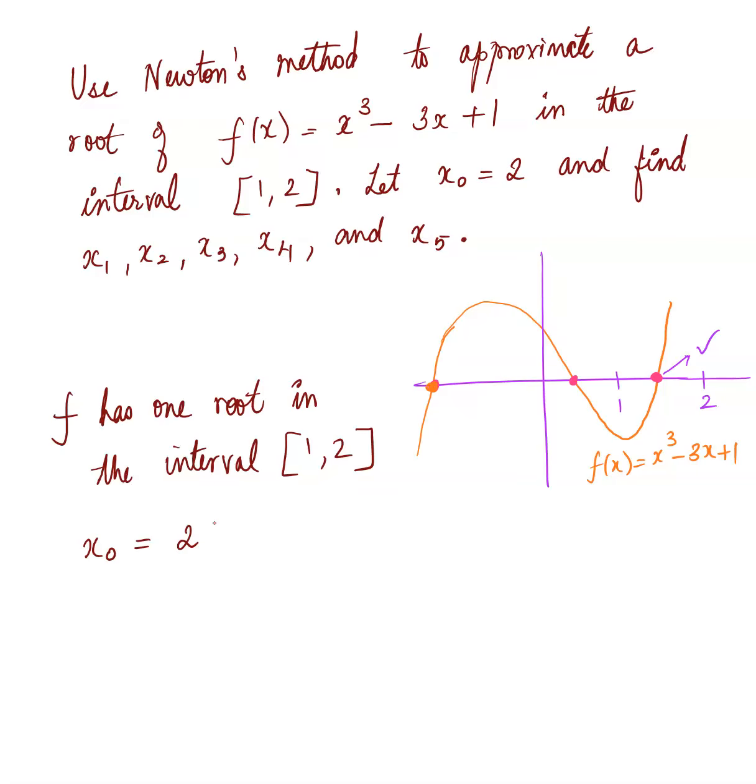So in this case, I really don't want to build a table, because we are not asked to find the solution technically. We are asked to find the root, yes, but we're asked to find these specific values. So the f values we will use, of course, indirectly to compute our values. So let's go ahead and get our f of x here. So that f prime of x will be 3x squared minus 3.